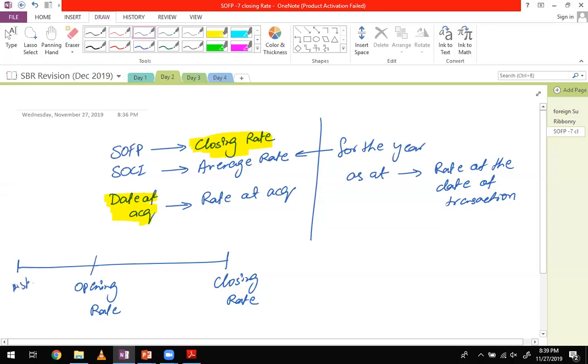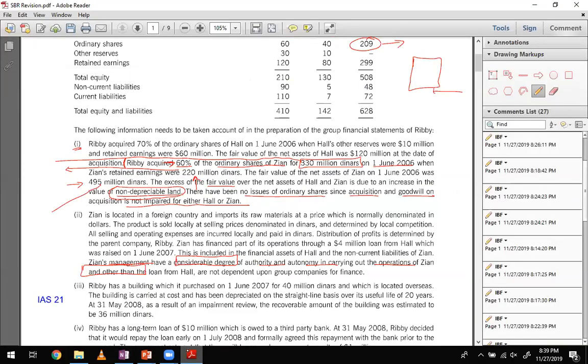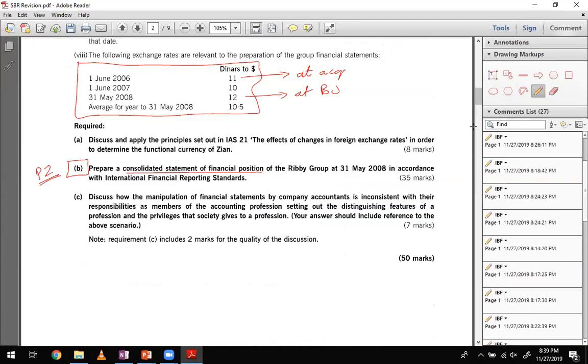So we can call this a historic rate. So 11 was at the date of acquisition, 12 is the closing. And if I go back to the question to check one more rate, I'm going to say that 10 is the opening rate actually. We call 10 as the opening rate, 11 as the date of acquisition rate.